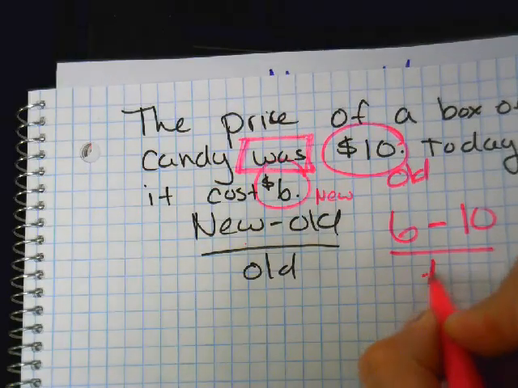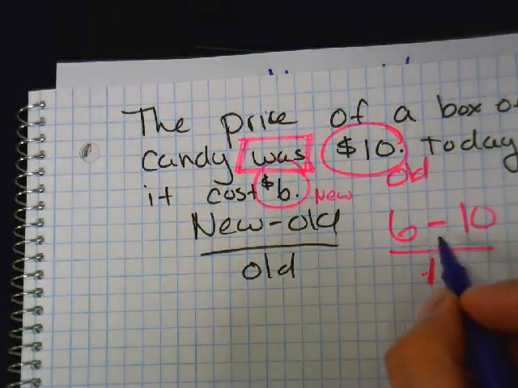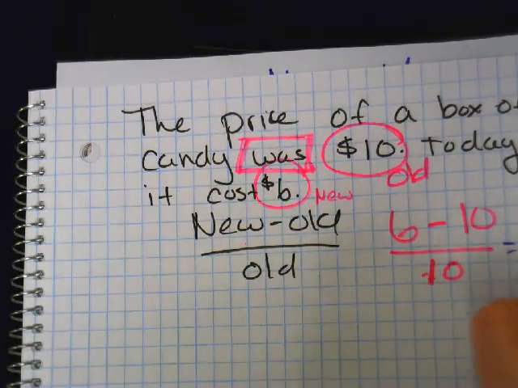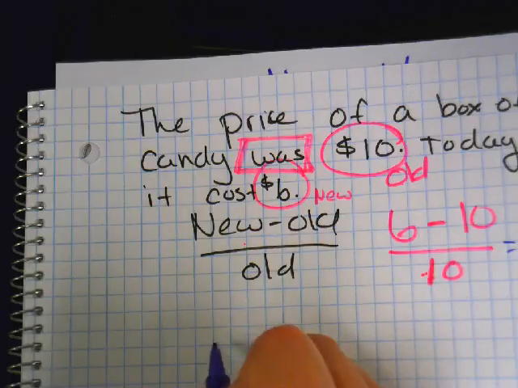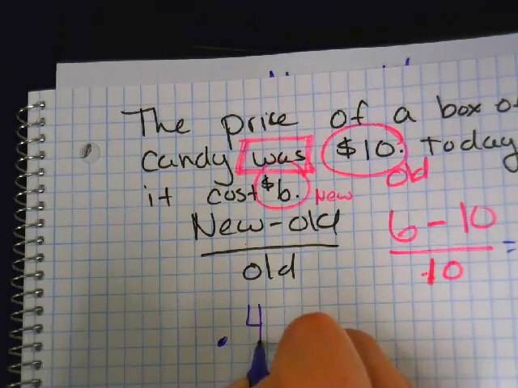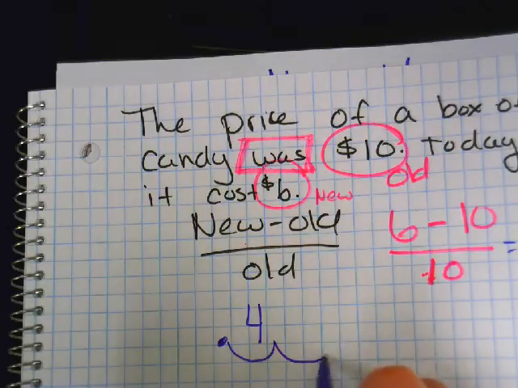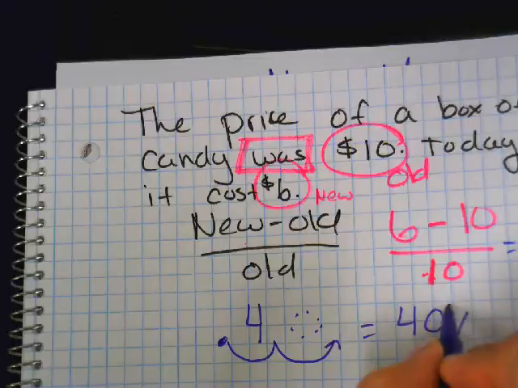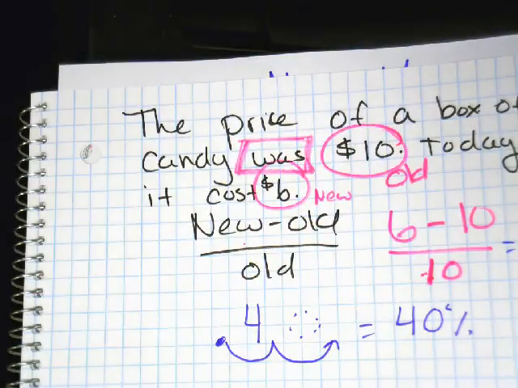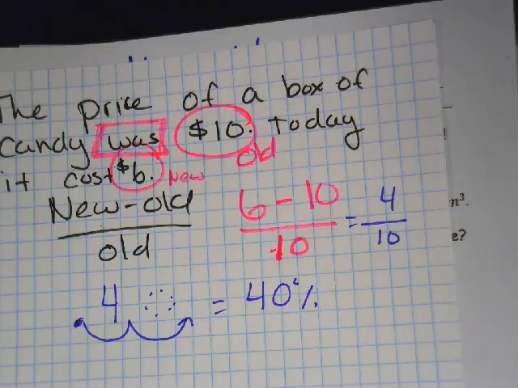Correct answer is 10. So we're going to do the math. 6 minus 10 is negative 4 divided by 10. Right? 4 divided by 10 is 0.4. Now we got to turn this into a decimal, so move it 2 times. 1 and a 2. We should add a 0 there. So that would give me 40%. All right? New minus old divided by old. Okay. Pause it if you need to. All right.